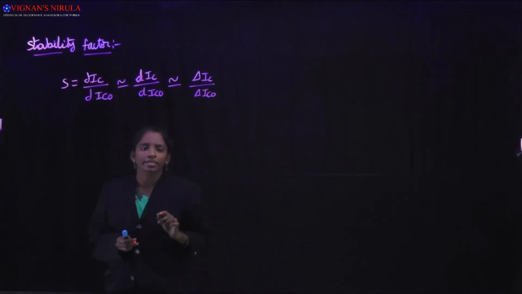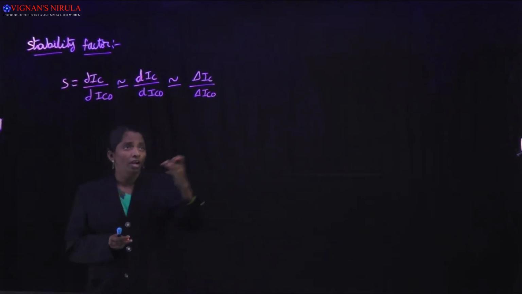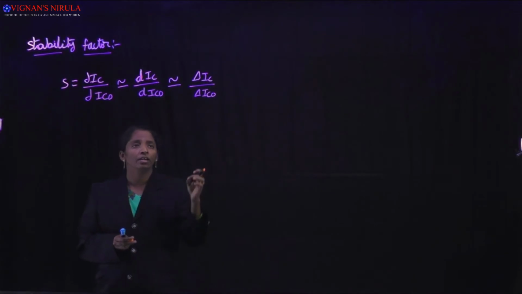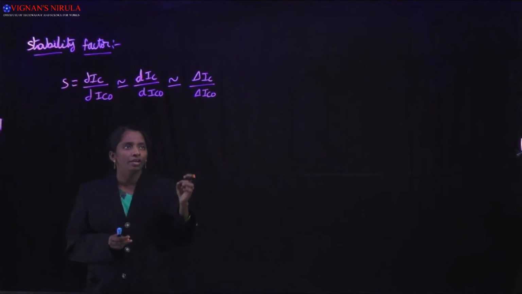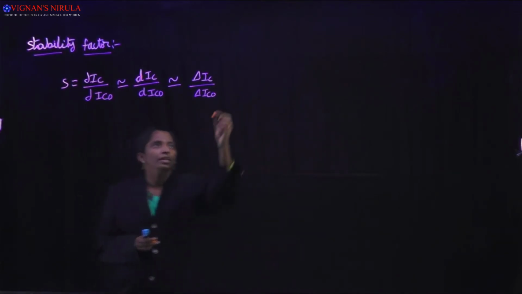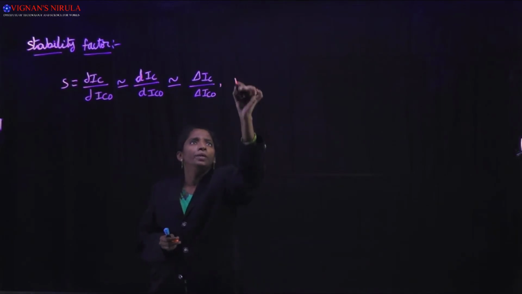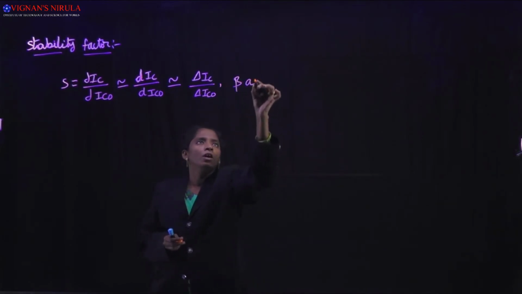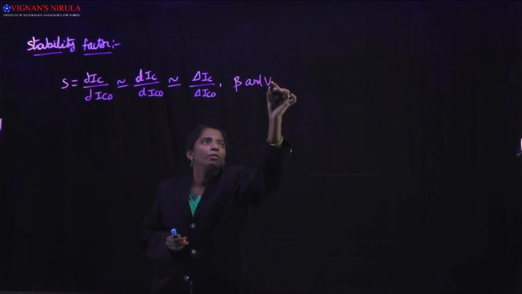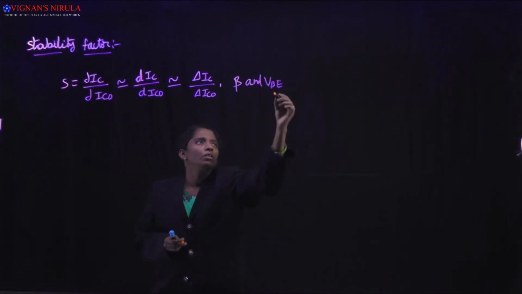Here IC is the collector current in common emitter configuration and ICO is the collector base current or reverse saturation current, at beta and VBE constant.